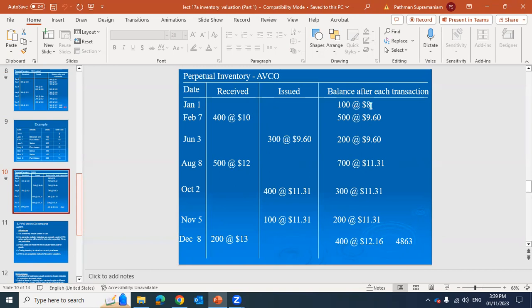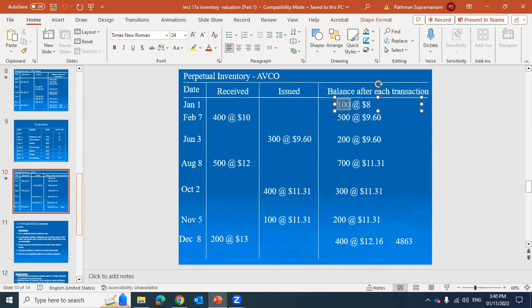So to calculate the average cost per unit, we simply multiply and add them. So 100 times 8 is 800. 400 times 10 is 4,000.